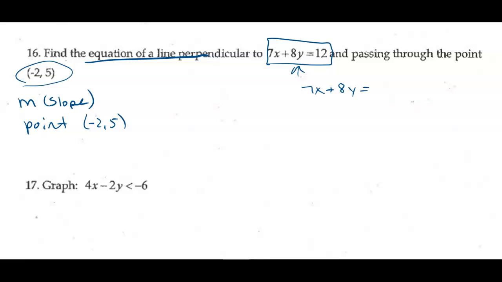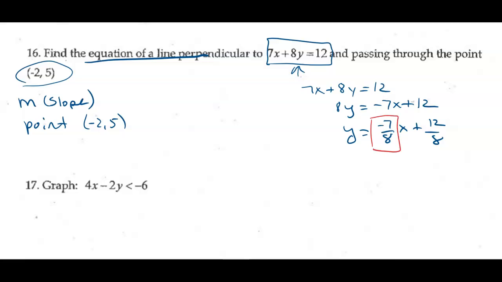Well, finding a slope's easy. Solve for y. Because if you solve for y, divide everything by 8, your slope is automatically the coefficient of x. That's the slope of this line. So the slope of 7x plus 8y equals 12 is negative 7/8.